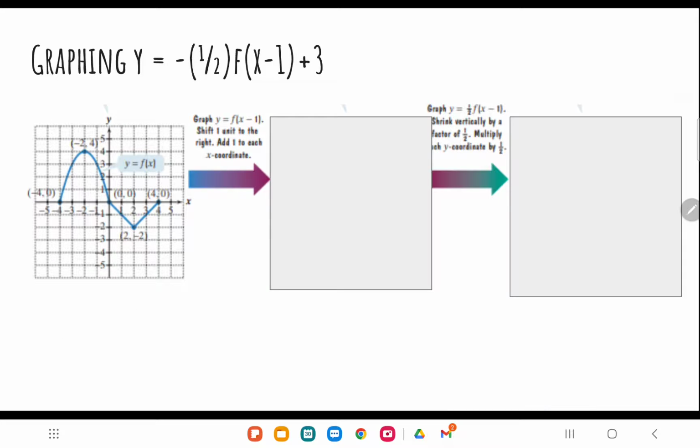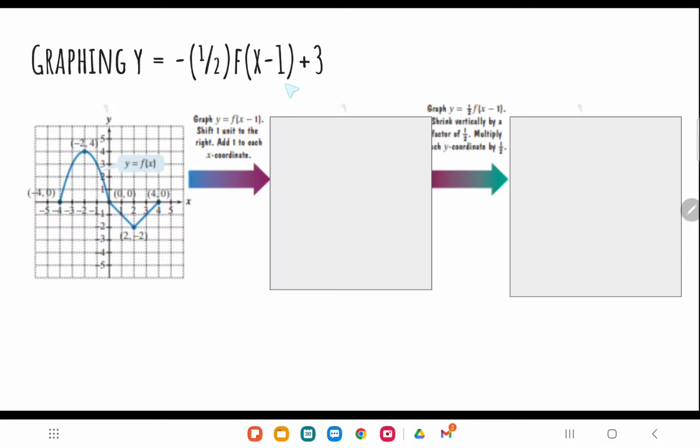So let's look at putting all these pieces together and graph the function y equals negative 1/2 f of x minus 1 plus 3. We're going to start off with this same function that we had in our last example. You'll notice that it looks like we've got a parabola part here and kind of an absolute value going on. We have a domain going from -4 to +4 and the range going from -2 to +4. So the first thing we're going to work with is what's inside the function argument, x minus 1.